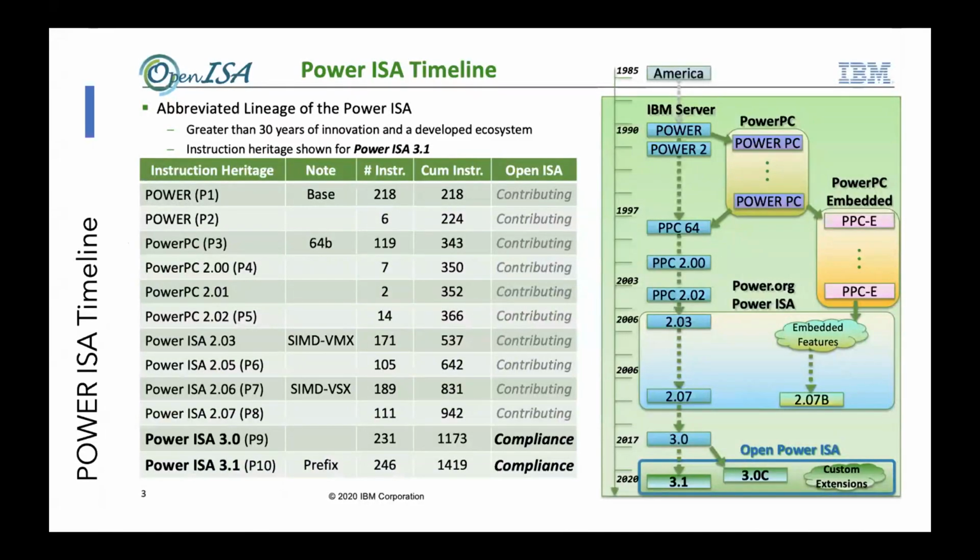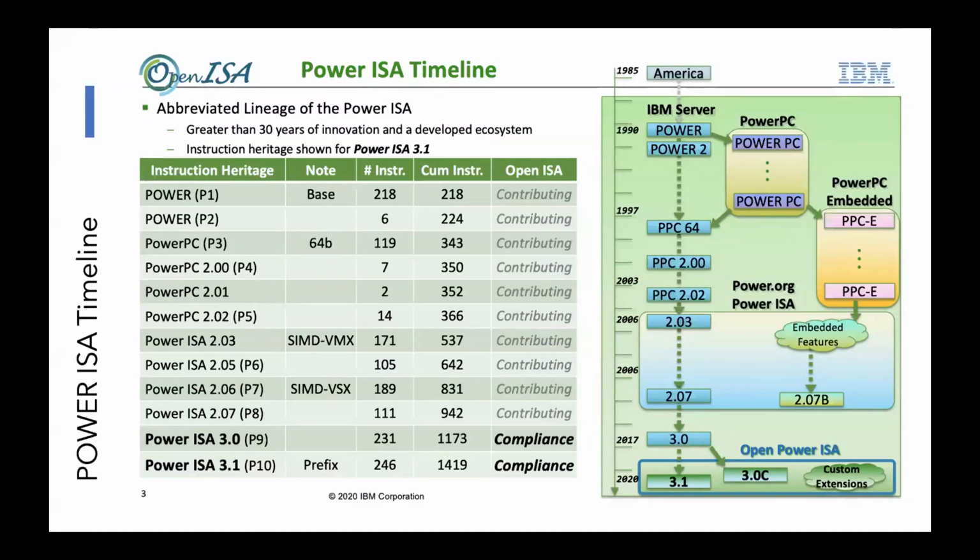And Power ISA has a long history, right? 30 years of history, I would say. All the way from 1985 till 2020, it is still sustained. It's sustaining innovation and bringing in all the new capabilities needed to fulfill the workload demands and the market demands.